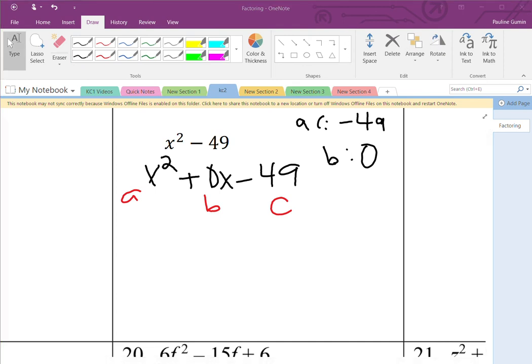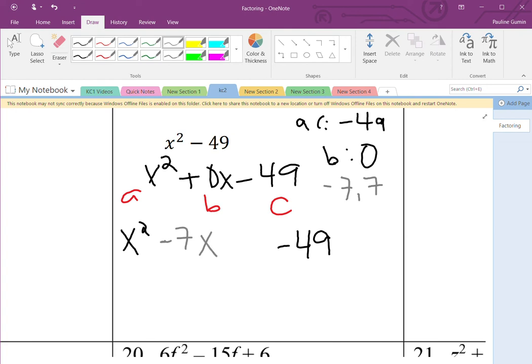So let's see. -49 into our product, 0 into our sum. It's 7 and -7. Maybe you knew that right away, maybe you didn't. Doesn't matter. Our A and our C are staying, so x squared and minus 49. But in the middle, we are going to write minus 7x and plus 7x.